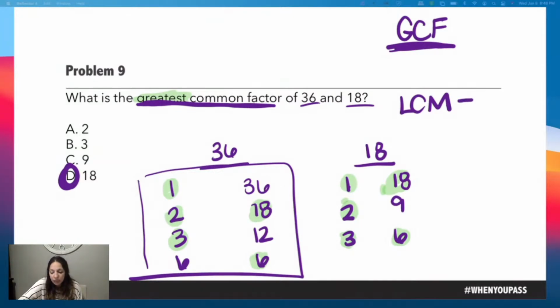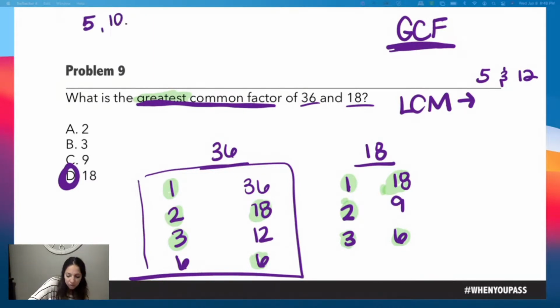Now, least common multiple, if I said, what is the least common multiple of 5 and 12, I would list out the multiples of 5. So I wouldn't list out the factors. The multiples of 5 are 5 times 1, 5 times 2, 5 times 3, and so on up to 5 times 12.